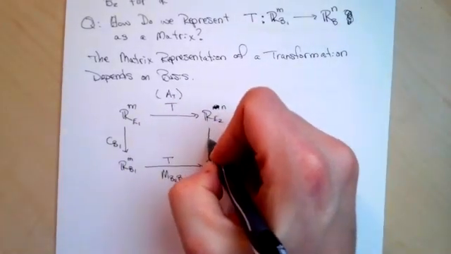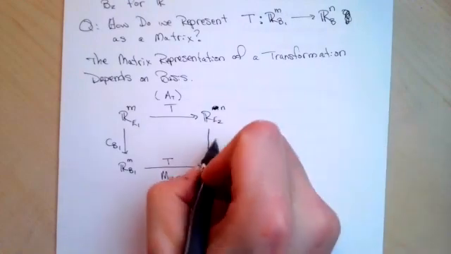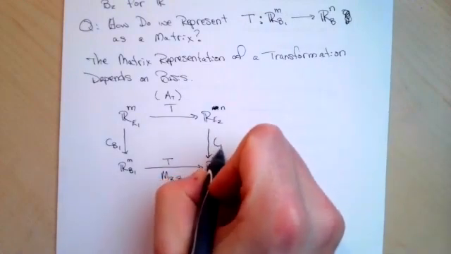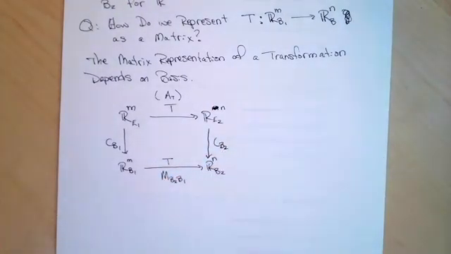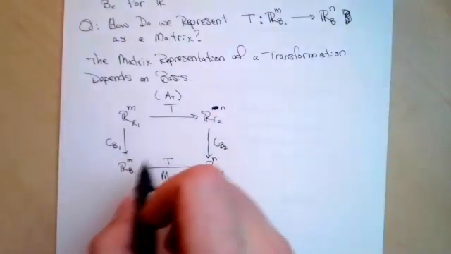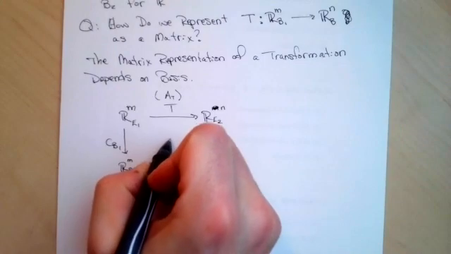And then, of course, we also have a change of basis matrix in the image space. And so the idea is that we say that this diagram commutes.